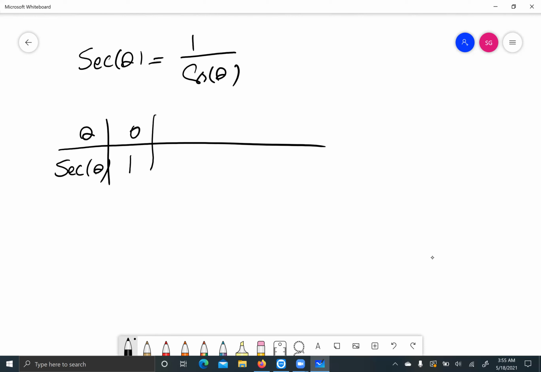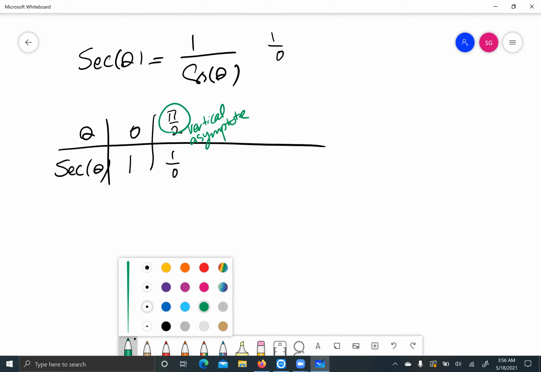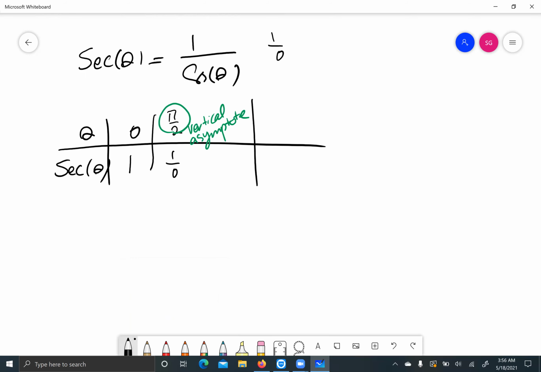What about pi over 2? At pi over 2, cosine is 0. So it's going to be 1 over 0, which is undefined. The denominator is 0, so this is going to give me a vertical asymptote.